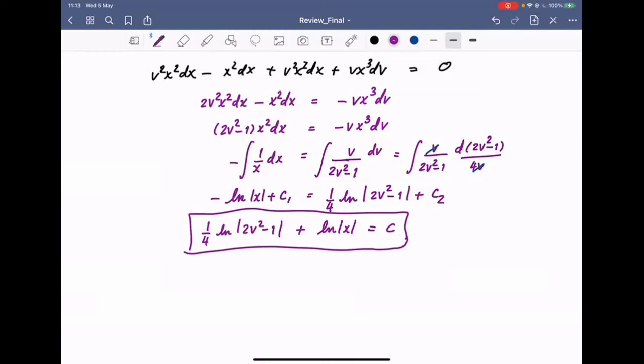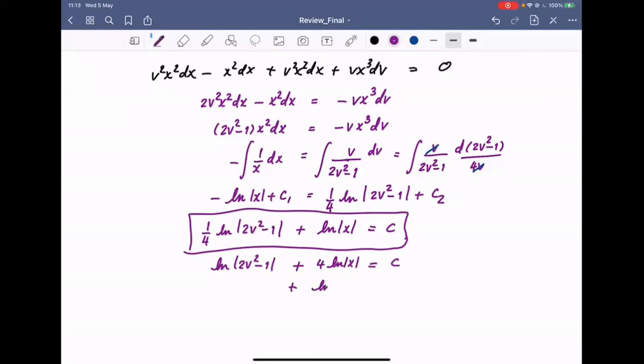The first thing we're gonna do is multiply the equation by 4. So I get log absolute 2v squared minus 1 plus 4 times log absolute x equal to c. Well, basically it's gonna be 4c on the right hand side, but I rename it as c, so you can say that.